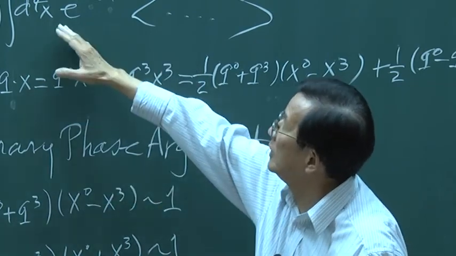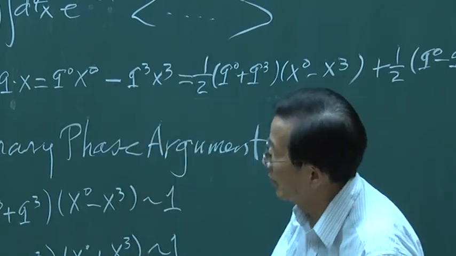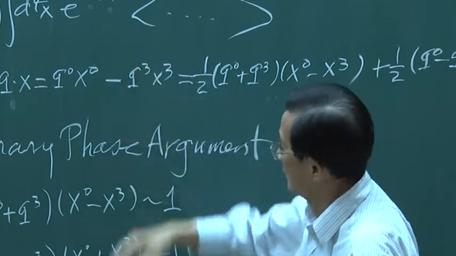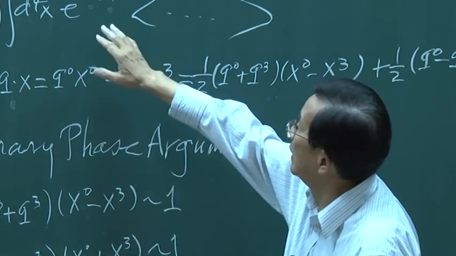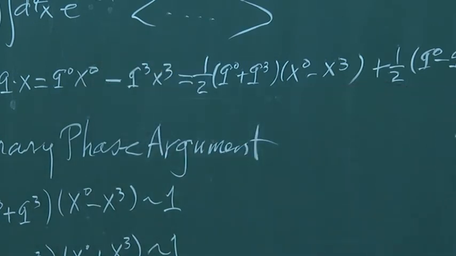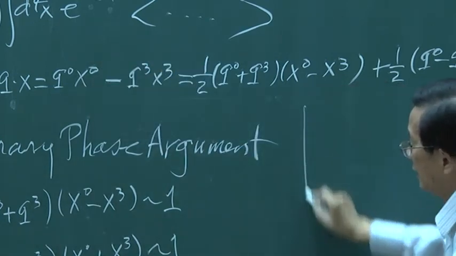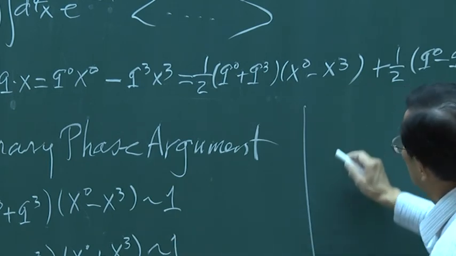And the integration will cancel out. Sometimes positive, sometimes negative, so they tend to cancel. So it's only when these conditions are satisfied that this integral will give you some measure contributions, okay?